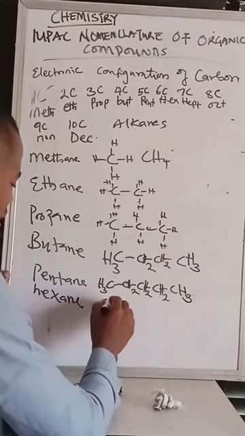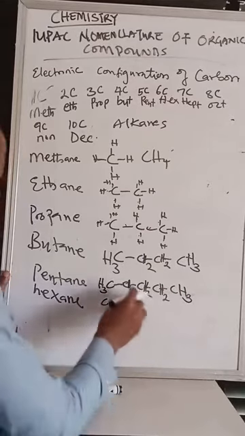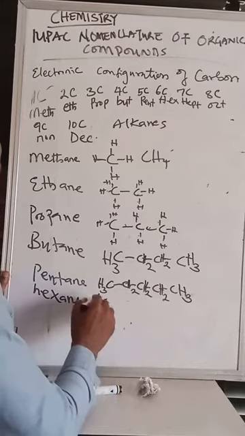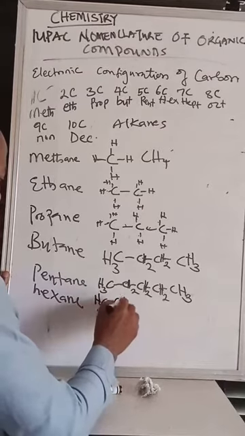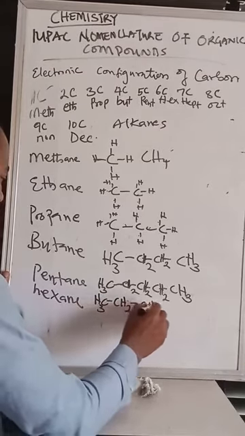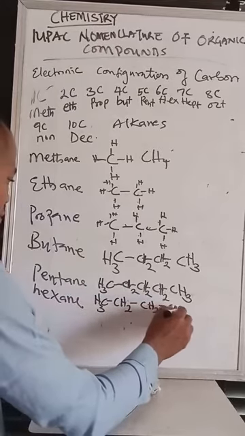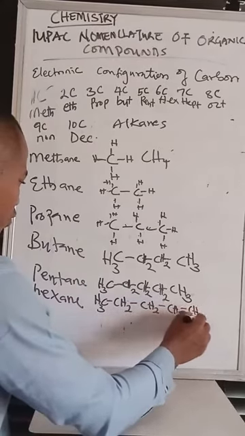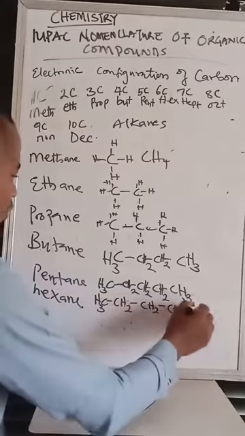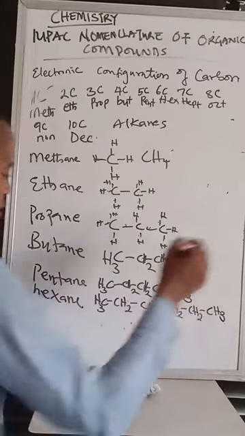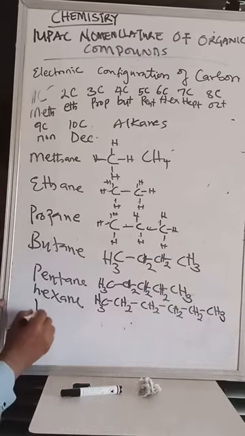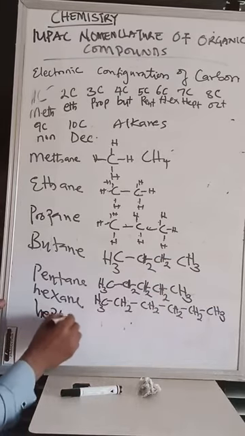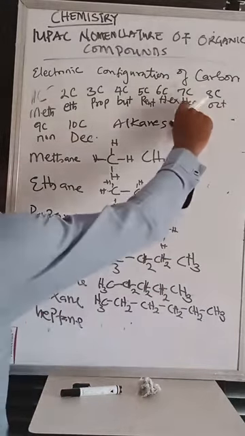For hexane, 1, 2, okay. I think I can write it like this now. 1, 2, 3, 4, 5, 6. This is hexane. For heptane, which is 7 carbon, hept is for 7.